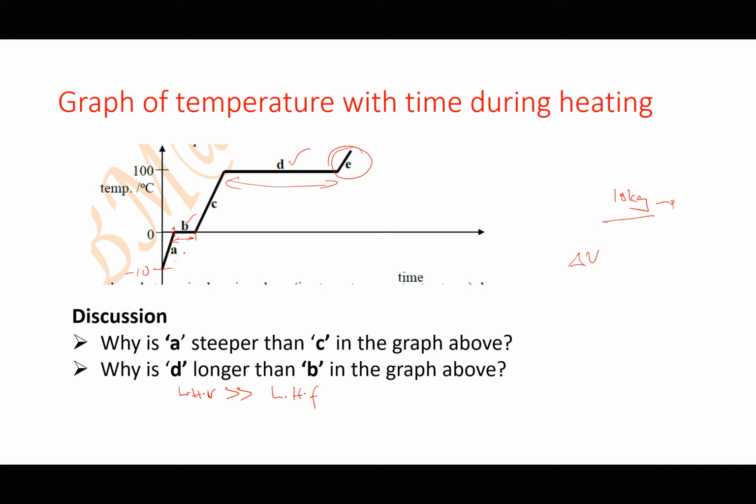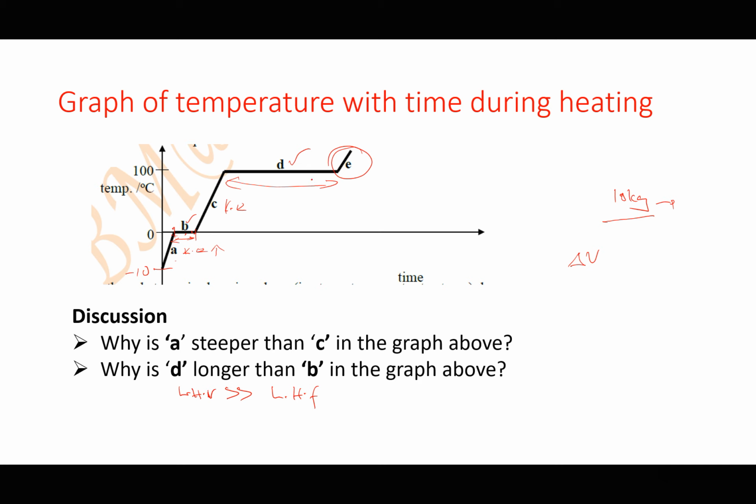So at A, because there's a change in temperature, kinetic energy is increasing. At C, there is also a change in temperature, so kinetic energy must be increasing. But at B, there is no change in temperature. Kinetic energy of the molecules is constant. Potential energy is the one which increases. At D, there is still no change in temperature.